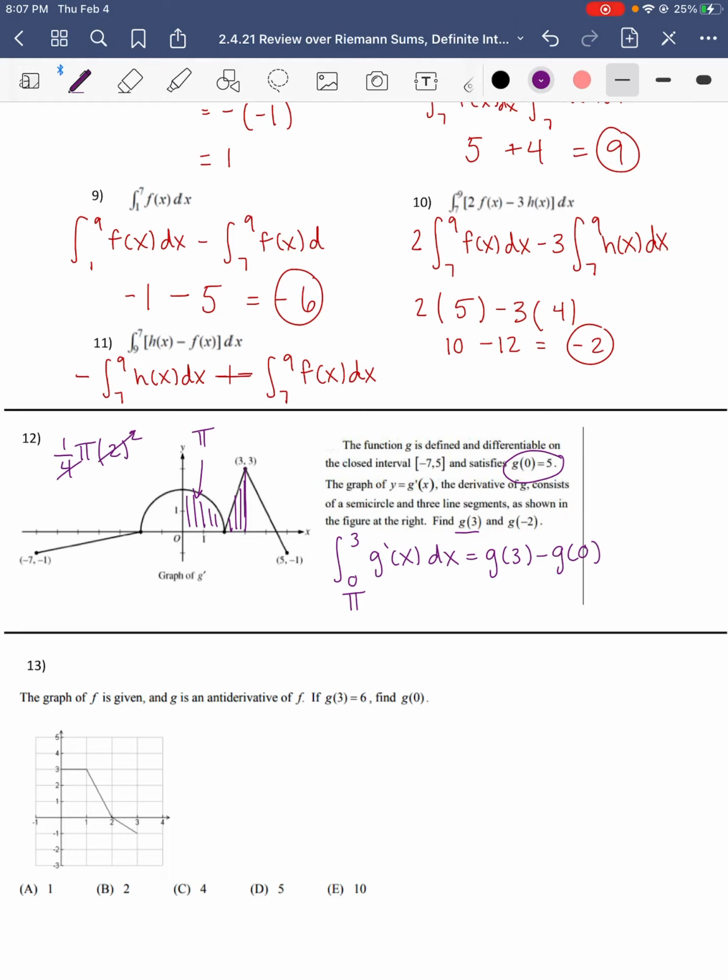So 1 times 3 is 3, divided by 2, that would be 3/2 for the triangle. And we don't know g of 3, that's what we're trying to find, but we know that g of 0 equals 5. So really, g of 3 is going to equal pi plus, if we add 5 to both sides, that's really 10 over 2, so 13 over 2.